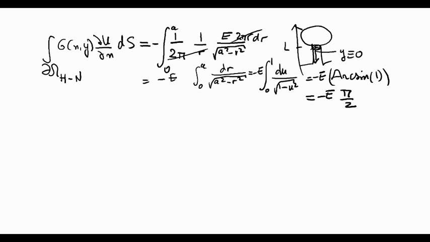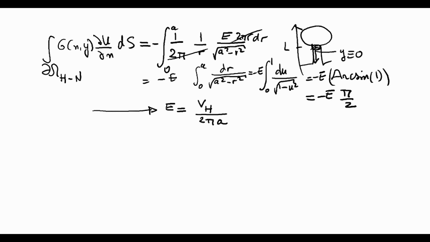So now we are ready to collect all the information from the previous, so we know what E is. From the previous page, E is exactly the volume of the head divided by 2 pi a.